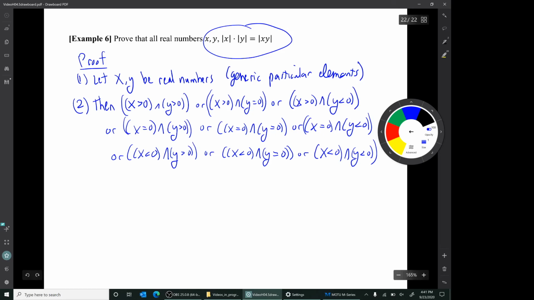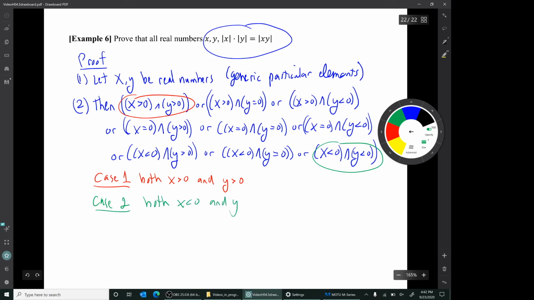So I'm going to circle the cases that we really have to think about. Case 1 is going to be where they're both positive. Case 2 is going to be the case where they're both negative. Now here's where it pays to be clever.